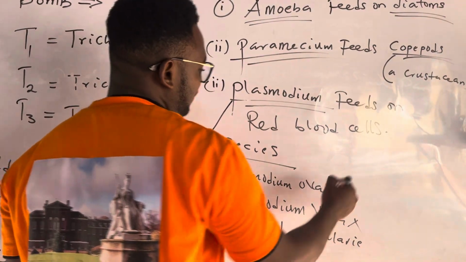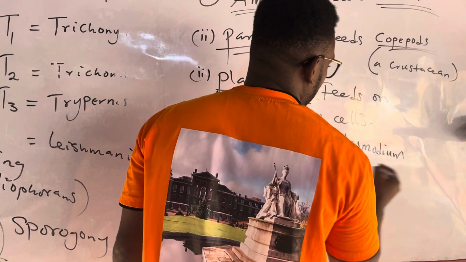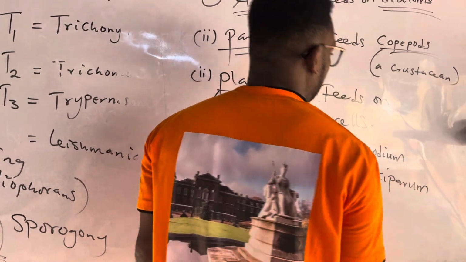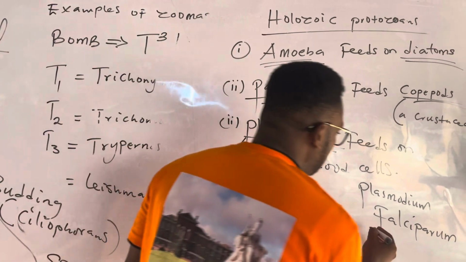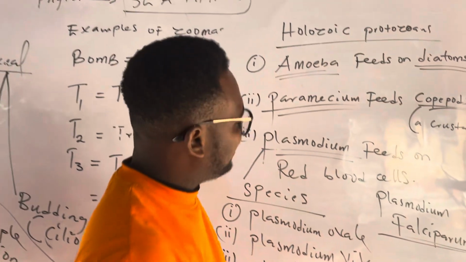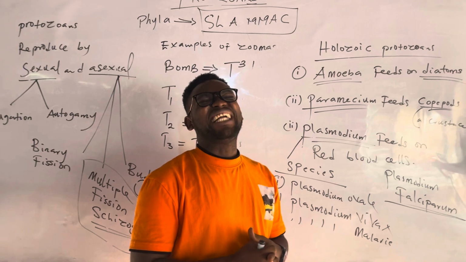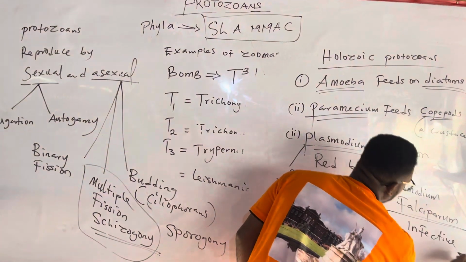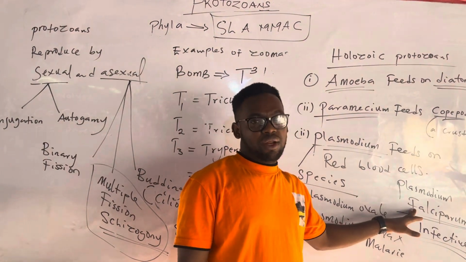And lastly, we have Plasmodium falciparum. This is the most effective and the most dangerous. If you are asked in an exam, which of these species of Plasmodium is the most effective? Look at what I said: most effective and the most dangerous. The answer will be Plasmodium falciparum.